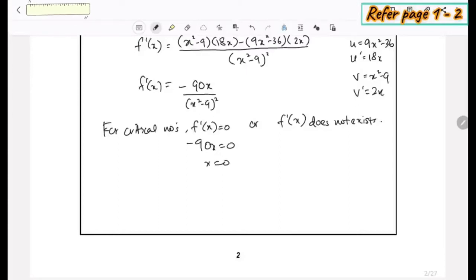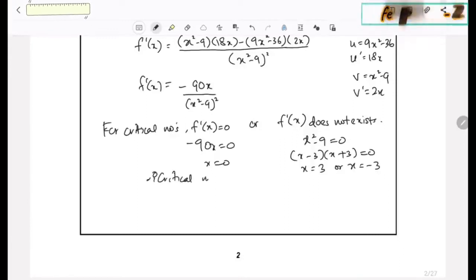When f prime x does not exist, that's when x squared minus 9 equals 0. Factorize: (x minus 3)(x plus 3). So x equals 3 or x equals negative 3. Hence, critical numbers are 0, 3, and negative 3.